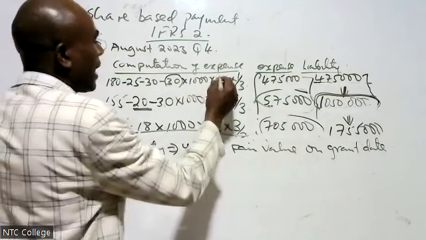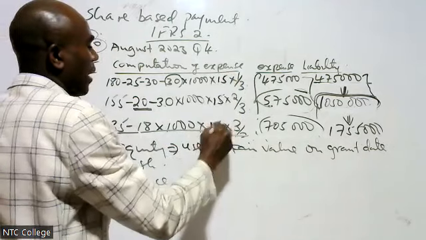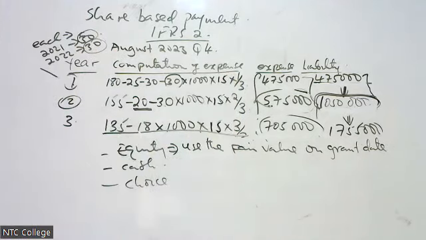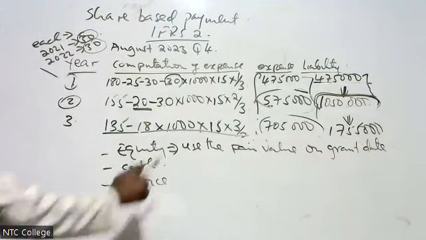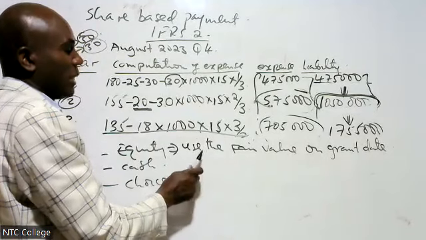Like here, you can see I used 15, I used 15, I used 15. I used 15 all through, although in this question the examiner gave me only one 15. Therefore, I used 15 all through because it was the fair value on grant date.